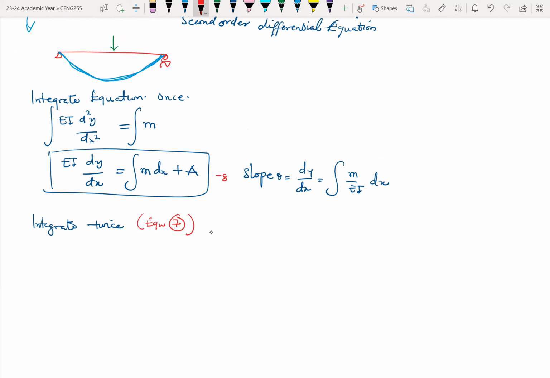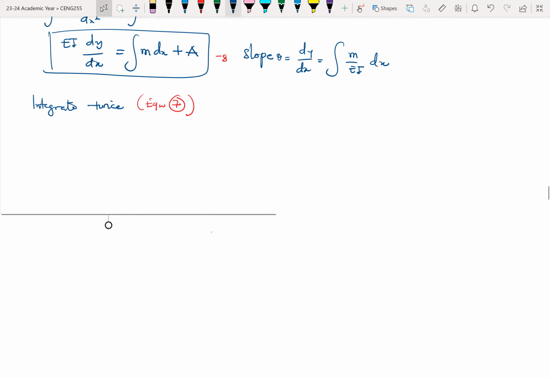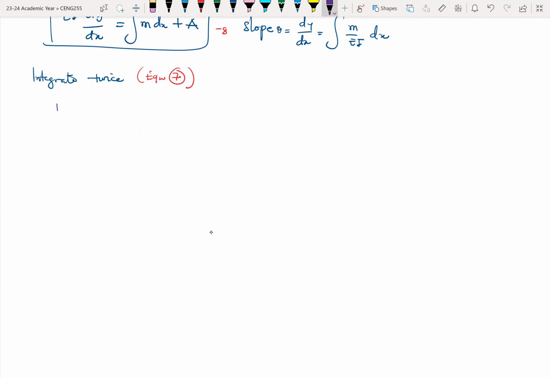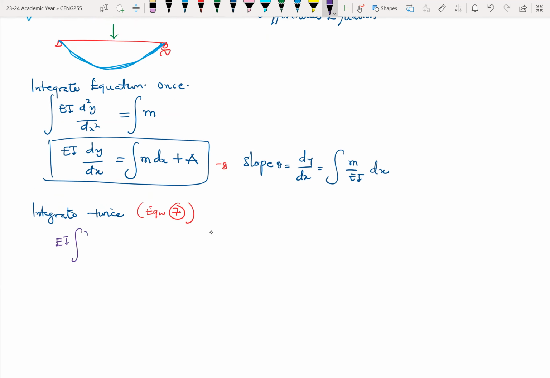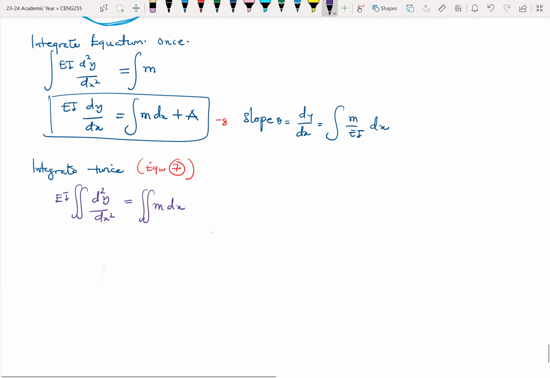That would give us, it's double integration. We should end up with EI d squared y over dx squared, which will be equal to M dx. So double integration.